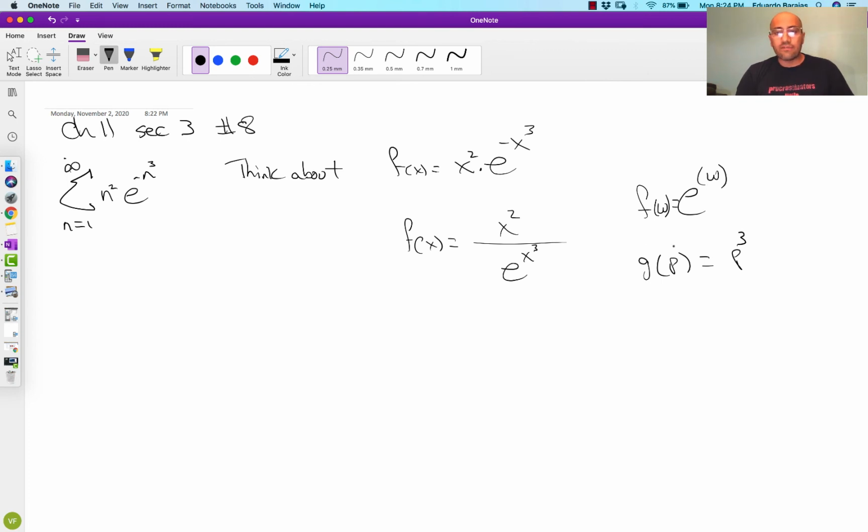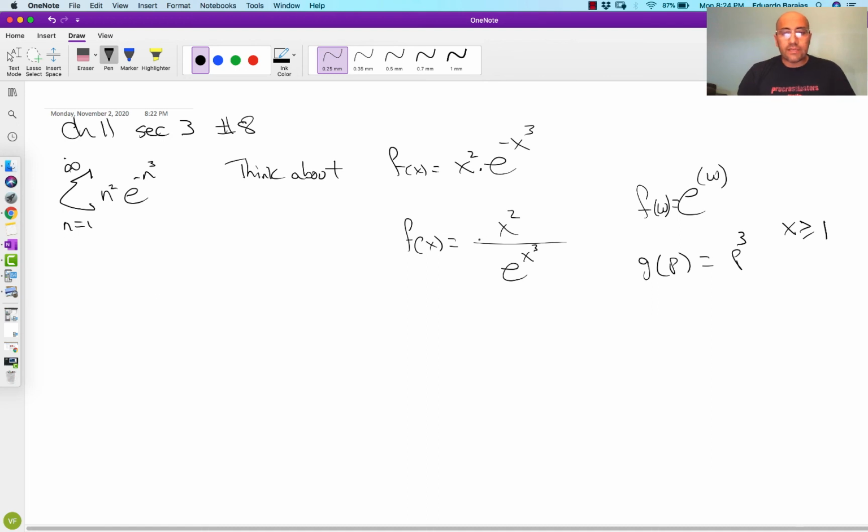This one's a continuous function. There's nothing weird going on in terms of to the power of 0, negative exponents, nothing unusual. And we're only interested for x being greater than or equal to 1. So that in particular, we're not going to have anything unusual. This is always going to be positive. E to the power of, this is always going to be positive, so that looks good. And then x squared, of course, is continuous.